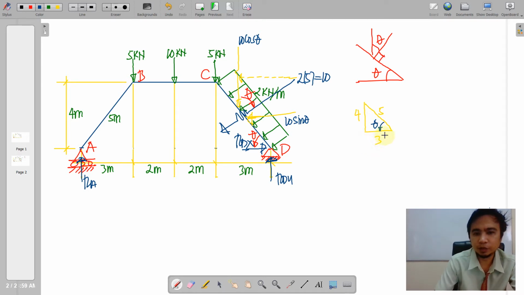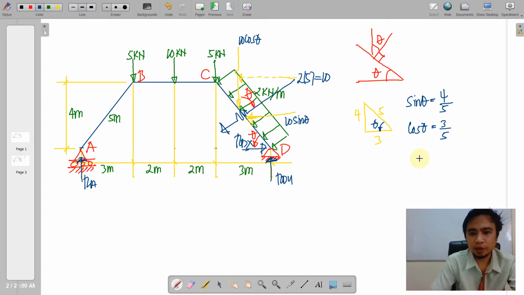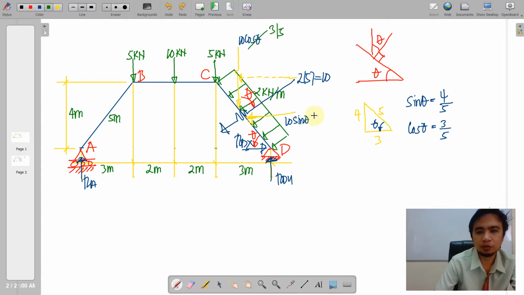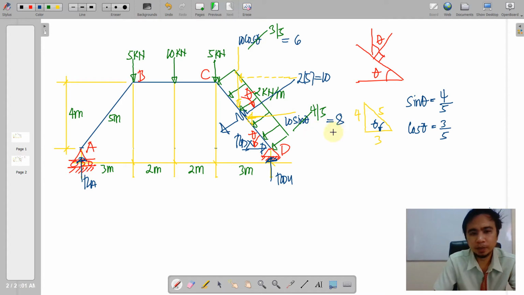And of course, this is our theta. So obviously, sine theta is 4 over 5, and cosine theta is equal to 3 over 5. Okay, so we're just going to place that there. This is 3/5, and that is 4/5. This is calculated as 6, and the other component is 8.